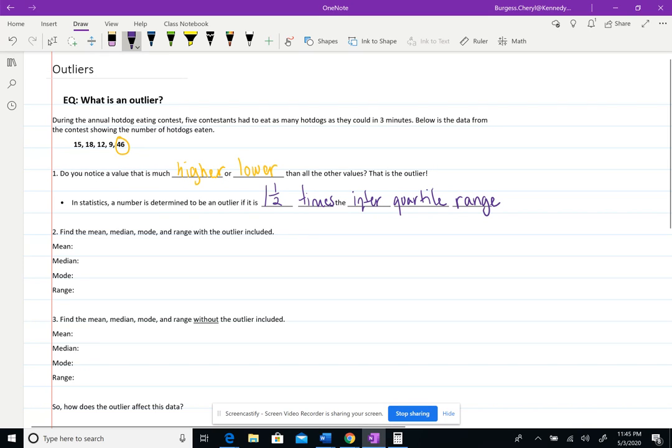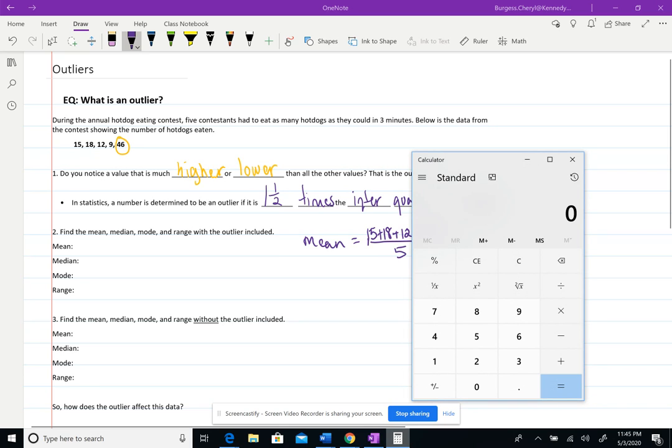Finding the mean, right? The mean is the average of the numbers. Now we know that there's 5 contestants. We have to add 15, 18, 12, 9, and 46, and then divide by 5. 15 plus 18 plus 12 plus 9 plus 46 is 100.